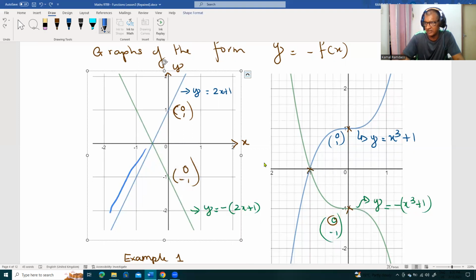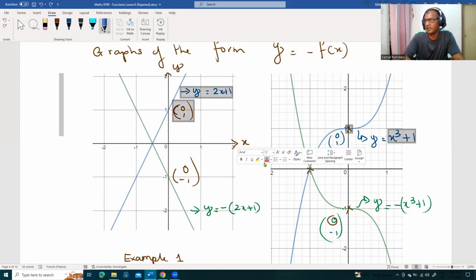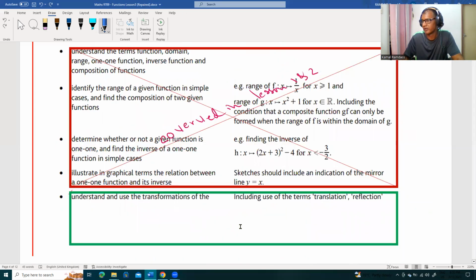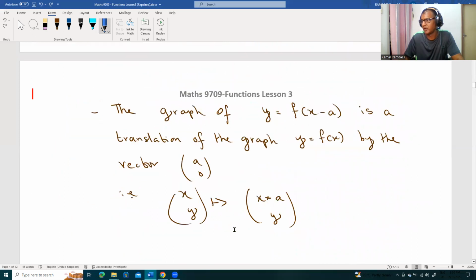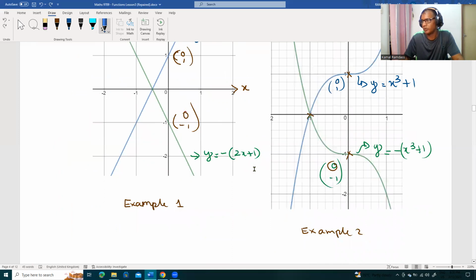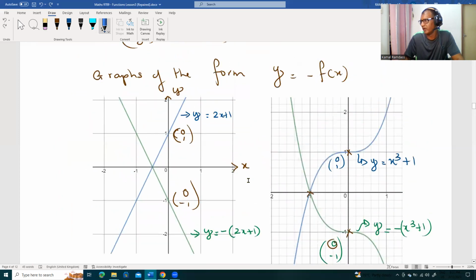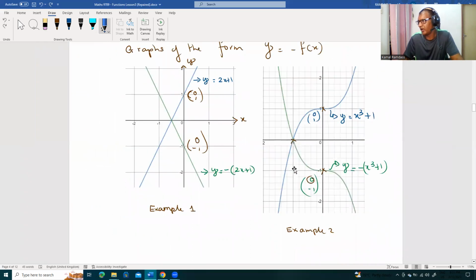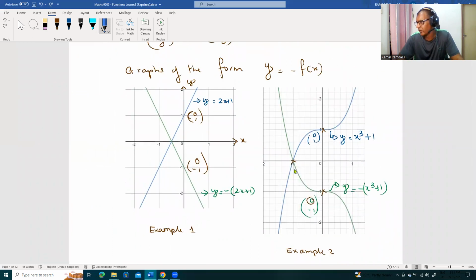OK? Et ici aussi, anything below the x-axis will be reflected above. Sa partie-là, les refléter, sa partie-là. OK? Et tout ça là, is the line y is equal to minus (2x plus 1). Un deuxième exemple, moi, il y a une function, y is equal to x cube plus 1.